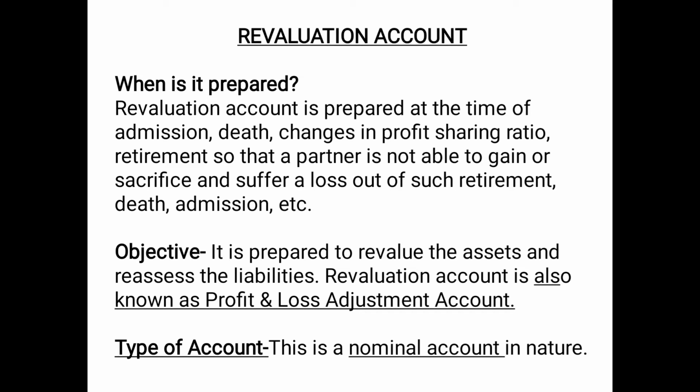That means whenever an old agreement comes to an end and a new agreement has to be signed. So it is prepared whenever a new partner is admitted, or whenever any existing partner dies, or whenever any existing partner retires, or when the profit sharing ratio among the partners changes.